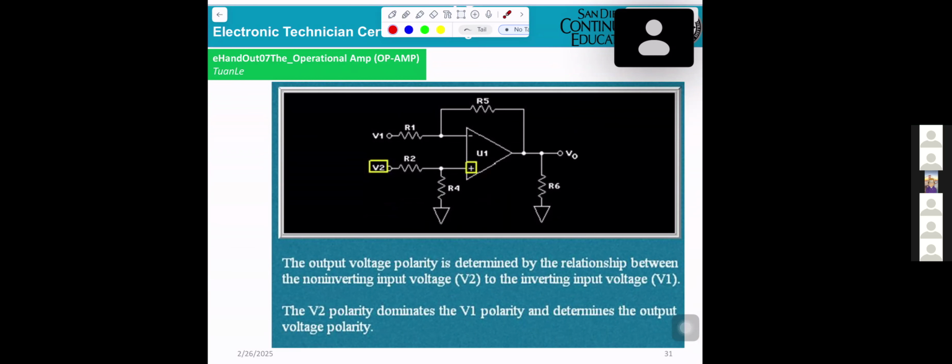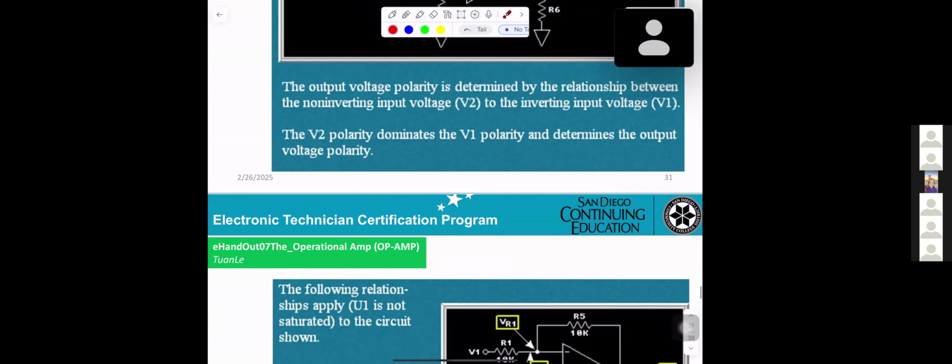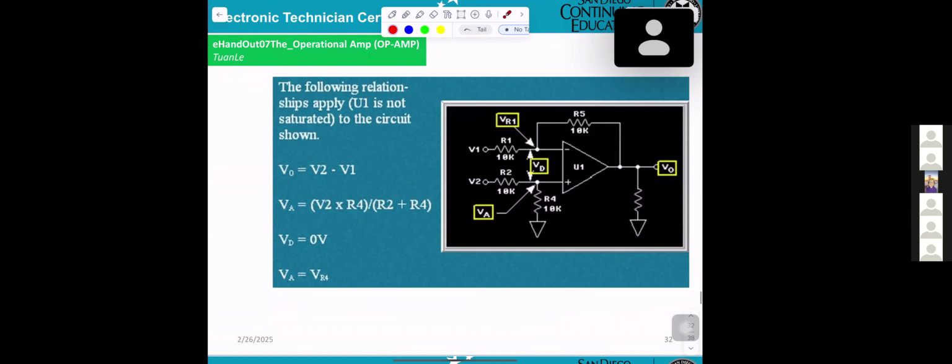The V2 polarity dominates the V1 polarity and determines the output voltage polarity. The following relation should apply, so you will not saturate the circuitry.